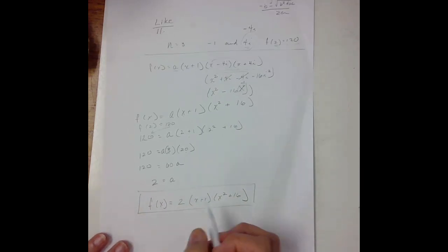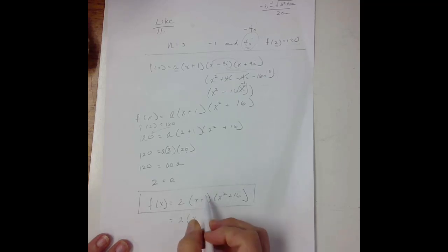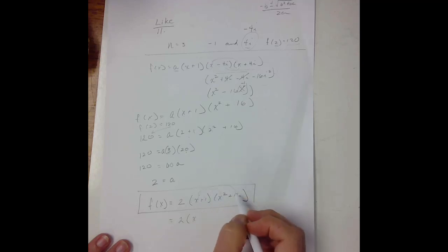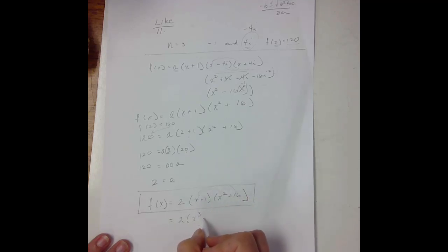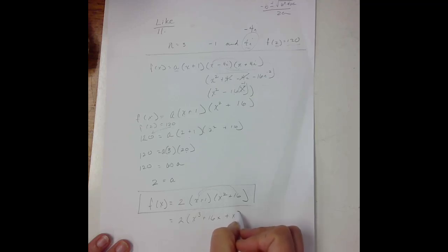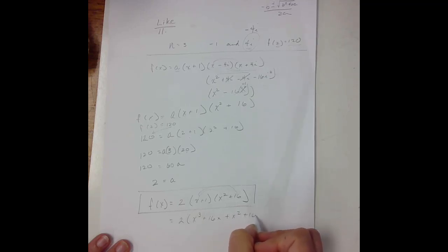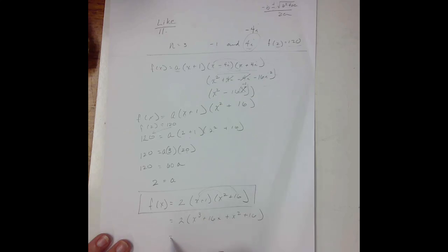I would still accept it if I multiply this out. Multiplying x plus 1 times x squared plus 16 would give me x to the third plus 16x plus x squared plus 16, and then I would distribute my 2.